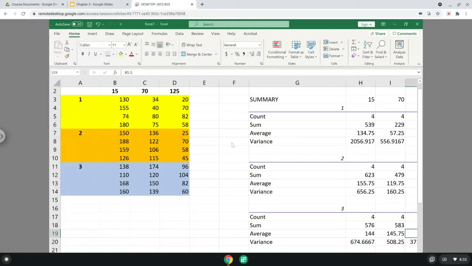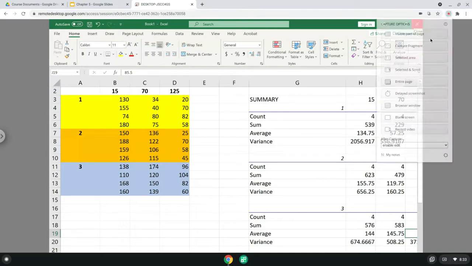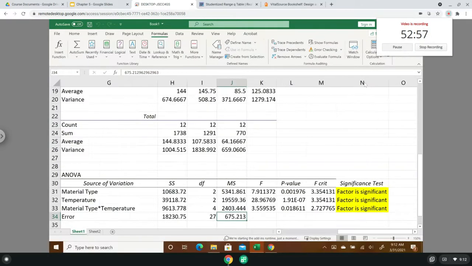For example, there's the Fisher LSD test, or you can simply do a t-test between each plate material. In this case, you can perform a t-test between two levels of the factors to compare the two groups. We will perform the Tukey test. So let me pause the video here.